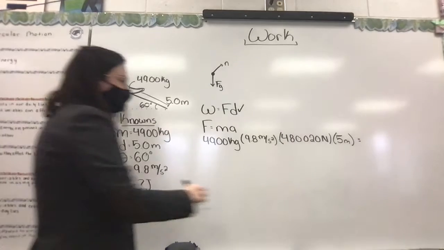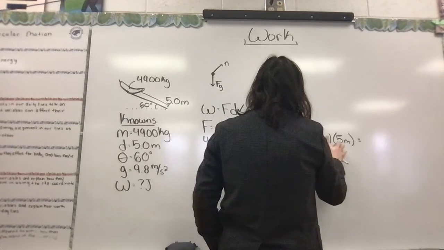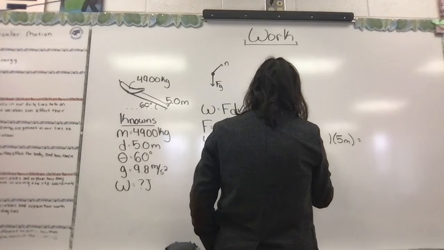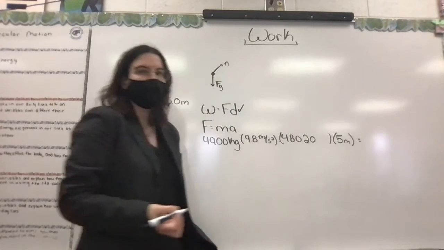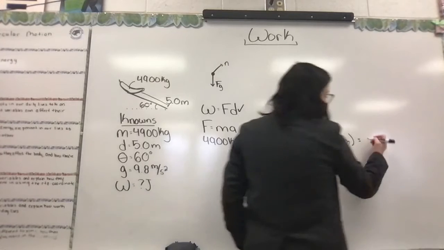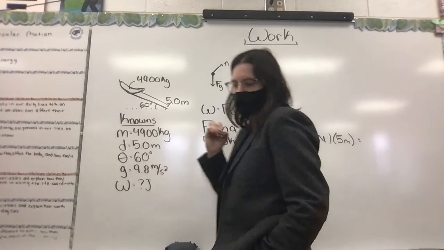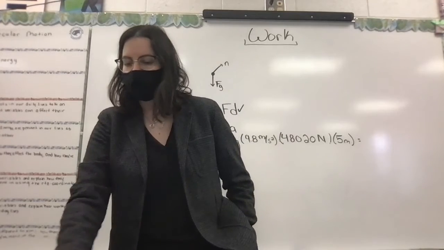Okay, good. I heard 480,020, and I put it up there, and nobody said anything, and I'm just like, that's not what I got. Okay, so that's what we got, right? Okay, good. Answer is 240,100. Wait, 240. We're forgetting something.